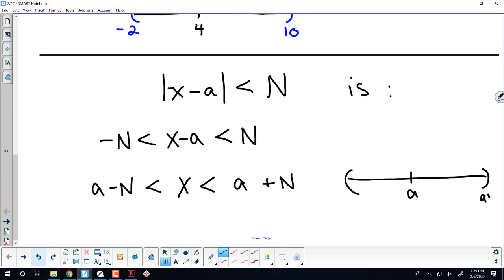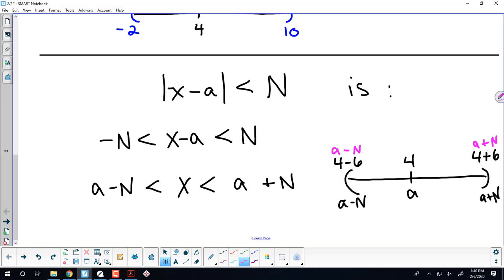This would be a plus n, and this is a minus n. Just like this was 4, this over here was 4 plus 6, and this over here was 4 minus 6. So like that's our a minus n. This is our a plus n. This is our a. Does anybody have any questions on that?